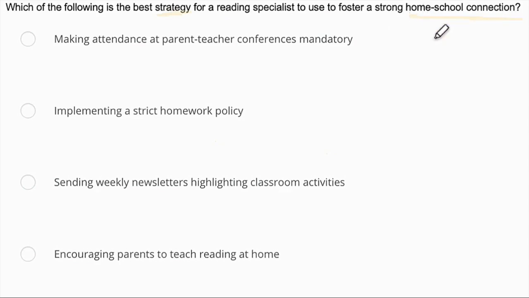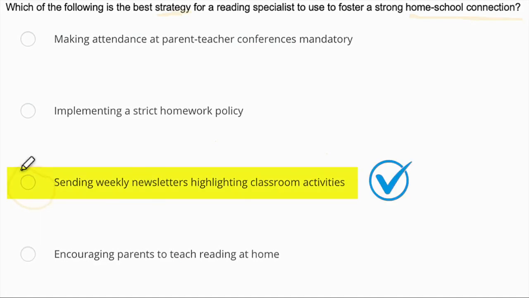So ensuring that the goals of the school and the goals of the home and the parents are met appropriately. Whenever we look at the answer choices for this problem, we end up at the correct answer being sending weekly newsletters highlighting classroom activities.